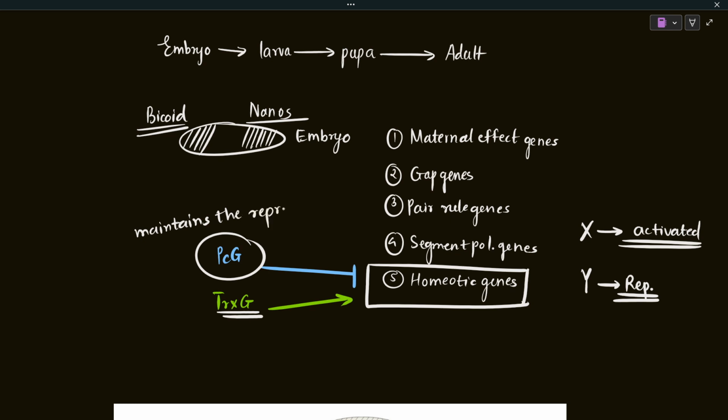So this is not causing the repression, but this is maintaining the repression. The Trithorax group of proteins also maintains the active state of genes in the development of Drosophila.